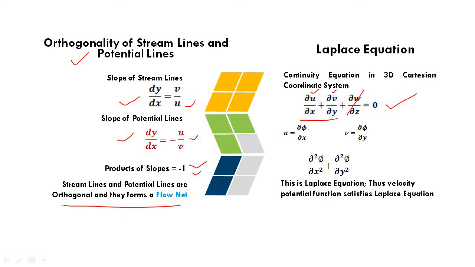u is dou phi by dou x, because the velocity potential function is defined like u equal to dou phi by dou x. Similarly, v equal to dou phi by dou y, where phi is the velocity potential function.